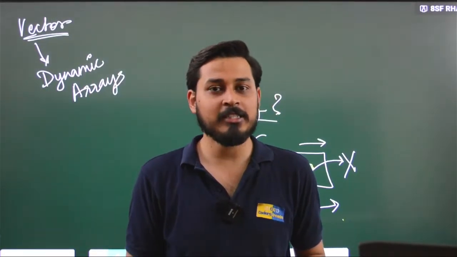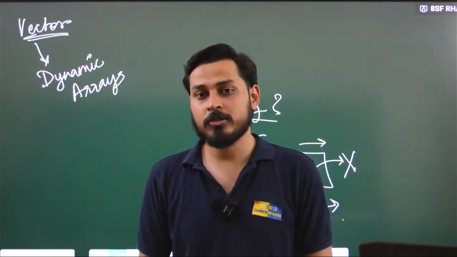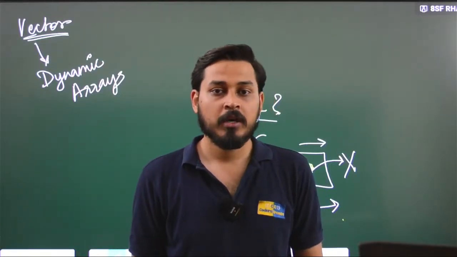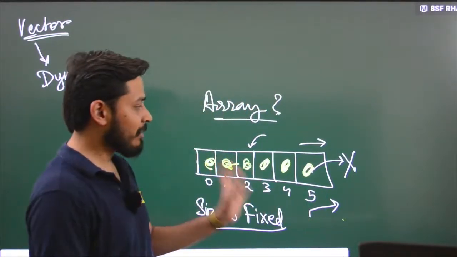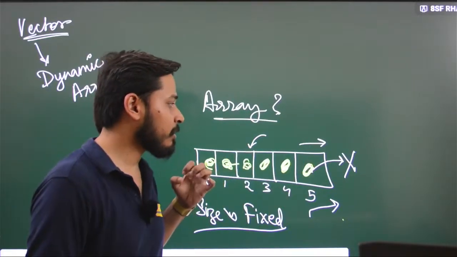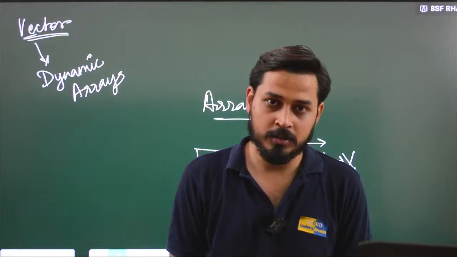So in this case, arrays, but of dynamic size, of dynamic properties. That is what a vector is. Vector is ultimately an array only, but it contains all the dynamic properties of a particular collection.